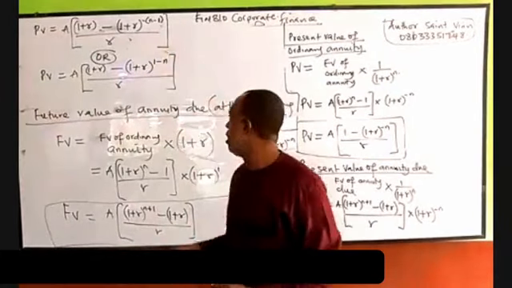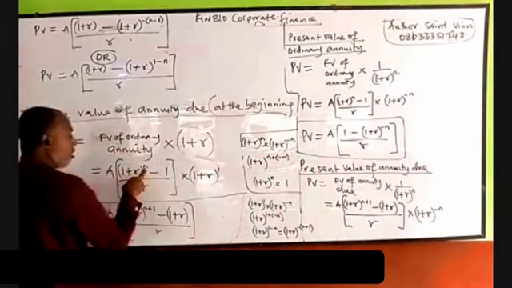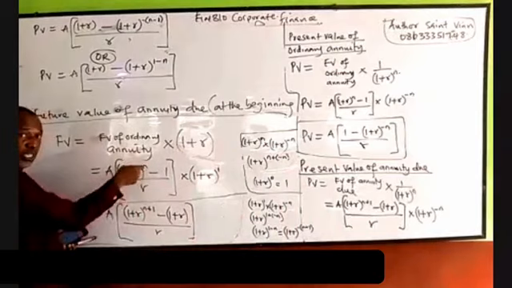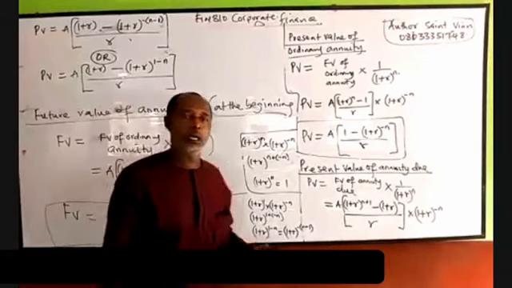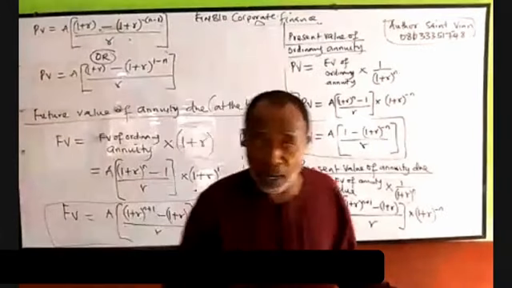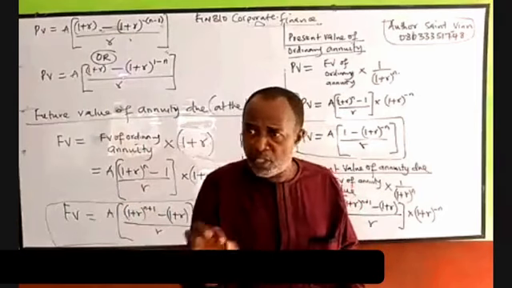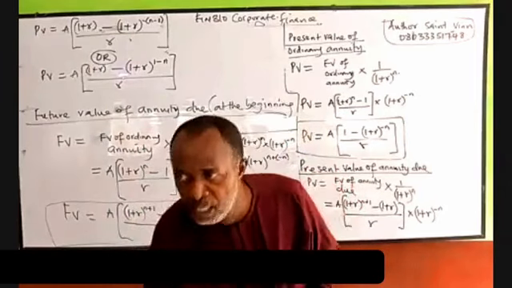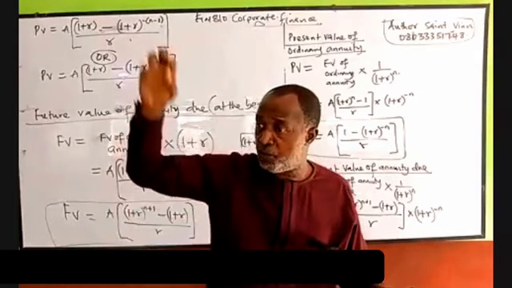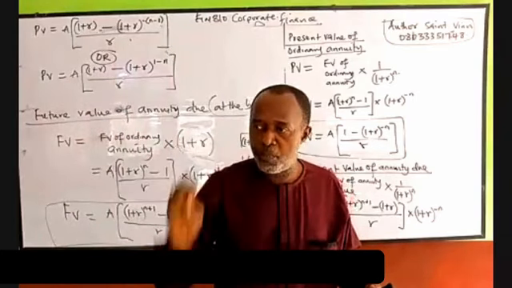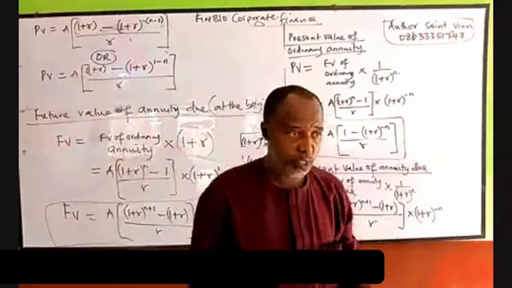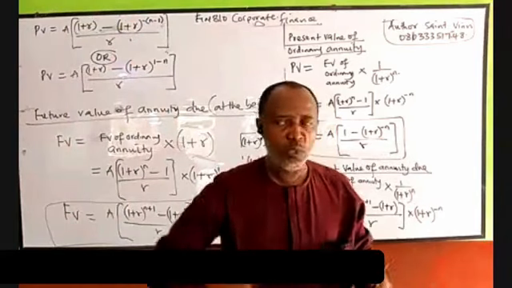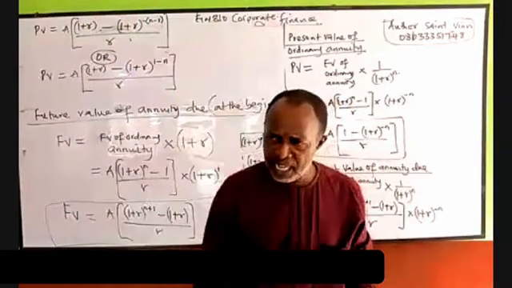So if it's compounded like this one, we multiply by what is in the power. Here, the power here is what? 1 minus n. We multiply by the power. As we have been doing in our normal compound, whether it's in our question or not, as far as they have mentioned it should be compounded weekly or daily, our idea of what we did in future value and present value of compound, even as we go into other subtopics or topics, and you have something to do with quarterly or what have you, that original idea.